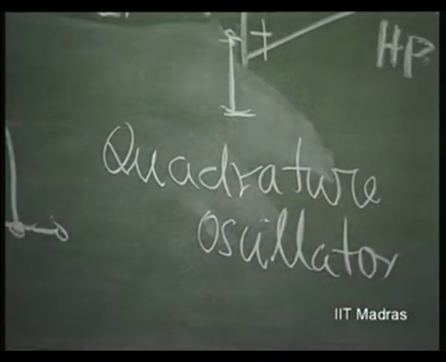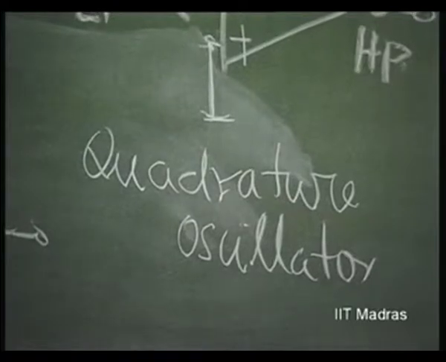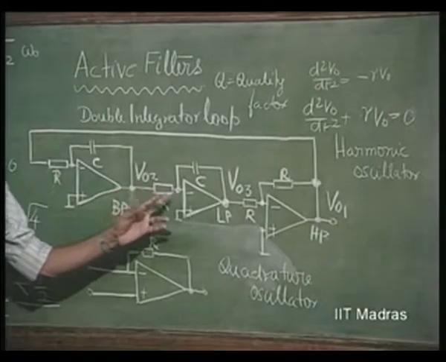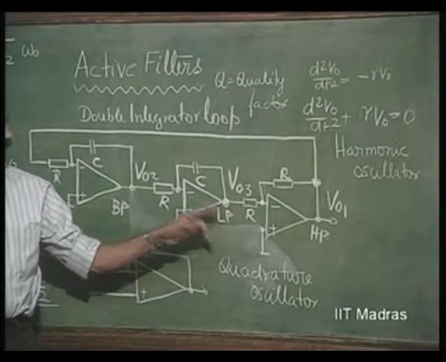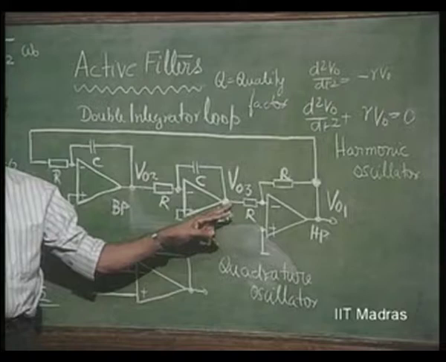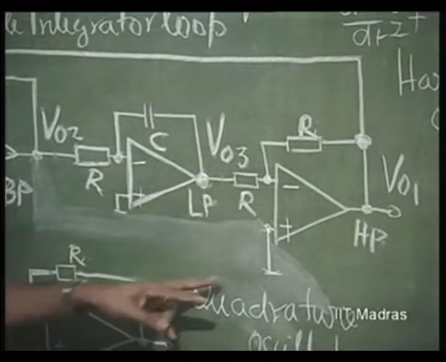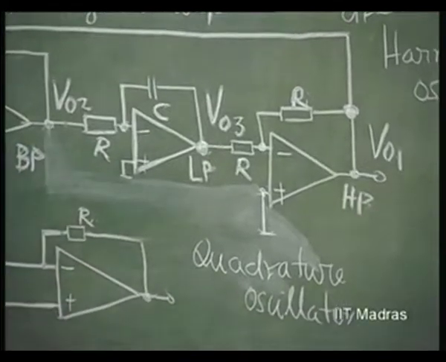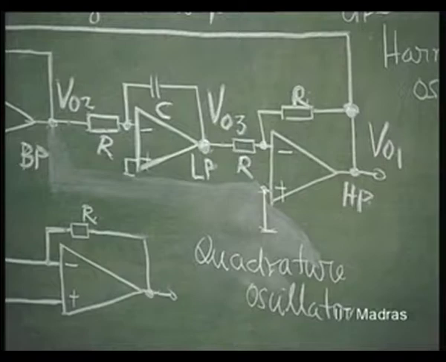Analog computer people used to use this commonly to generate sine wave and cosine wave, because it is using integrators. If this is sine, this will be cosine because of a phase shift of 90 degrees given by the integrator. So, this is called a quadrature oscillator. It is commonly used as an oscillator to generate waveforms. How do you generate waveforms?